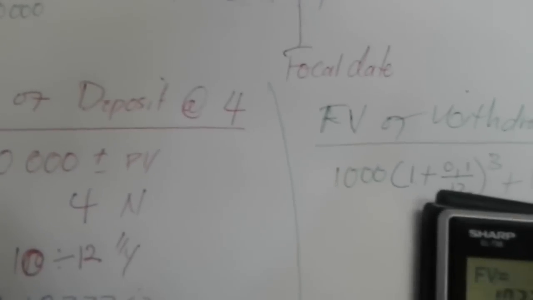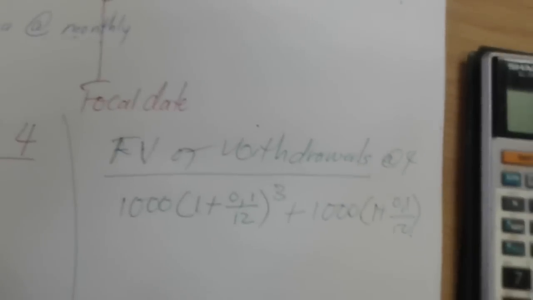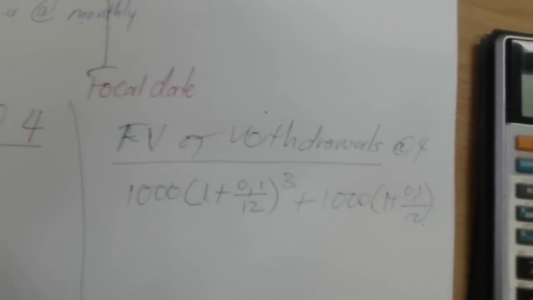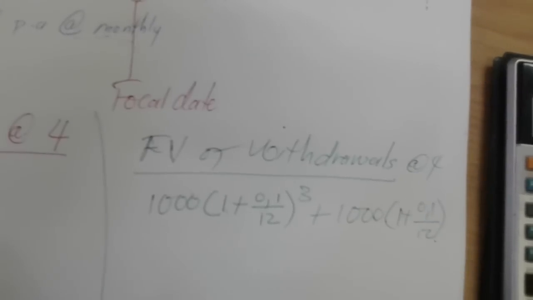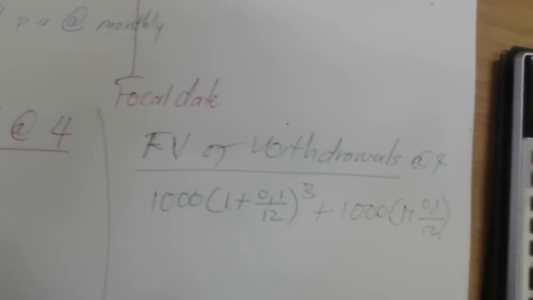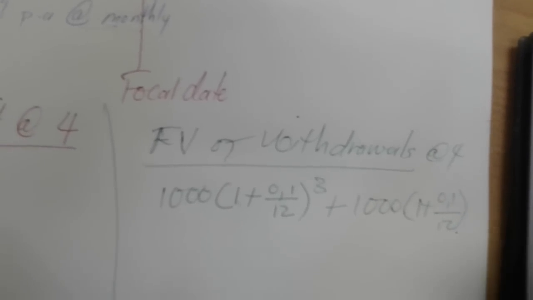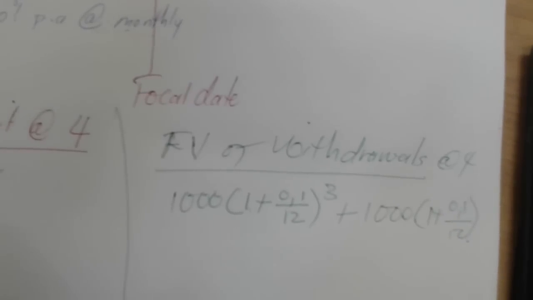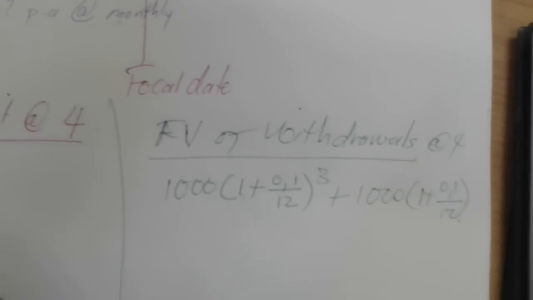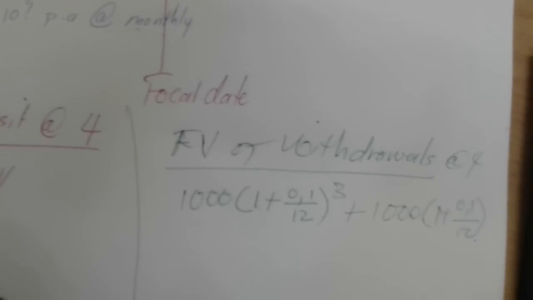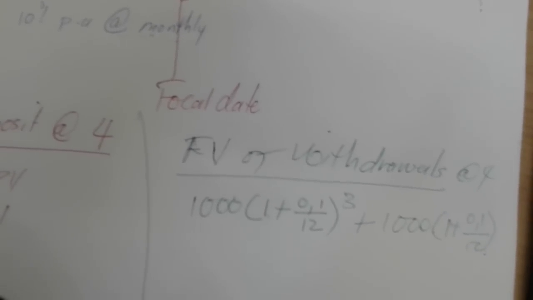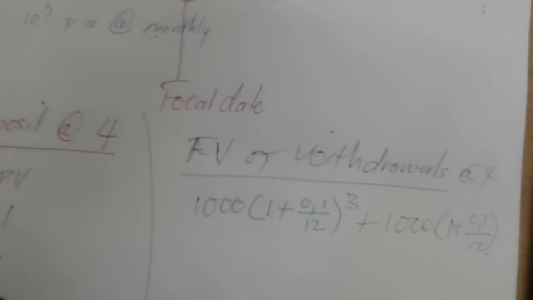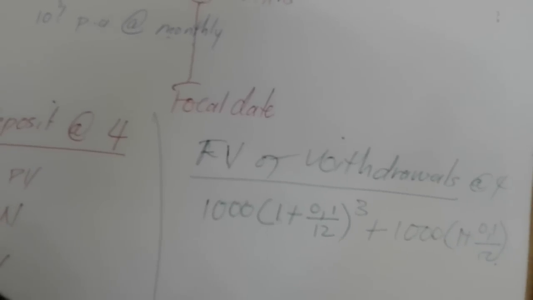So I'm going to use the formula. Remember, I want you to be familiar with both calculator and formula. So 1000, punch it as it is, 1000, open bracket, 1 plus 0.1 divided by 12, close bracket, raise it to the power of 3, plus 1000, open bracket, 1 plus 0.1 divided by 12, close bracket, raise it to the power of 1.